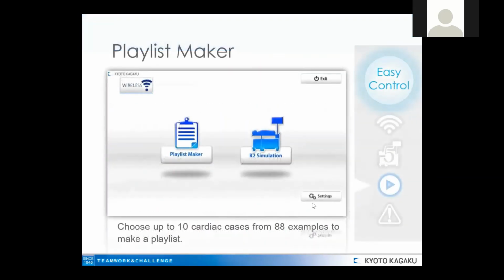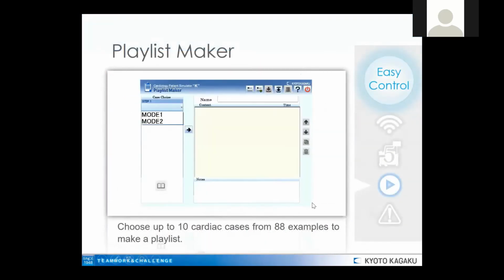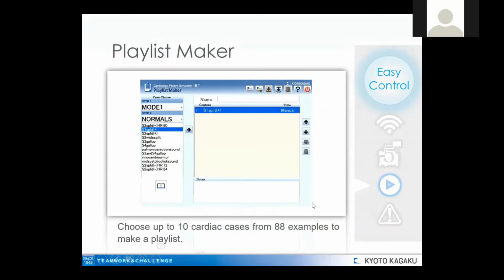Also, one more feature is the playlist maker. Since teachers usually practice the same thing over and over, they don't need to keep changing the same cases they always use.